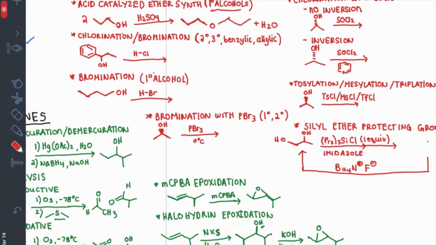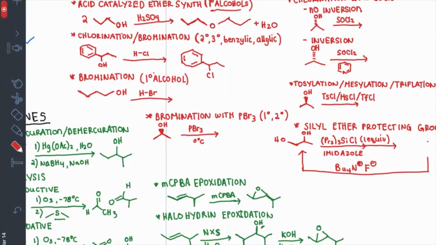Now, for chlorination and bromination using a strong acid, we can do this on secondary, tertiary, benzylic and allylic alcohols. As the name suggests, we just replace our, in this case, benzylic alcohol with a benzylic halide, in this case chlorine, because HCl.